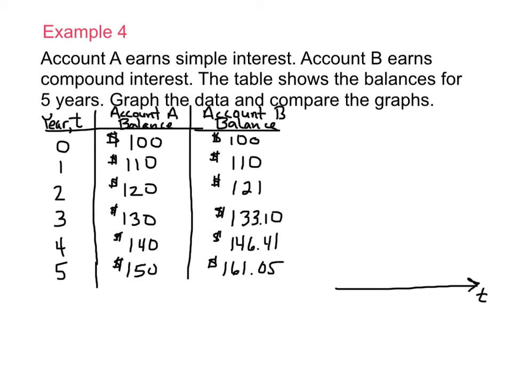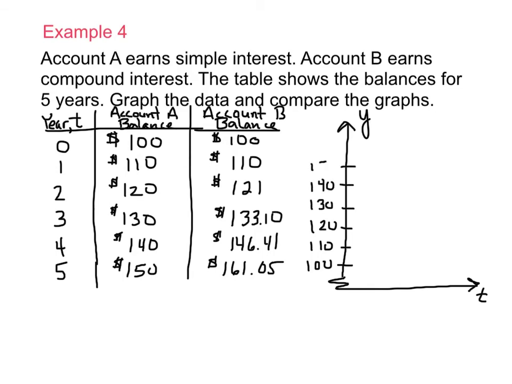Account A and account B both start at 100, so I'm going to do a break. And I'm going to start out at 100 here. So 100, and since I only have to go to 160, I'm going to go by tens. 110, 120, 130, 140, 150, 160, 170.